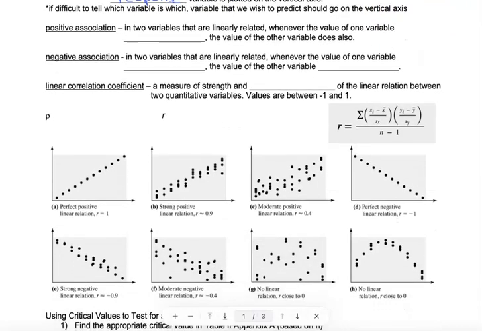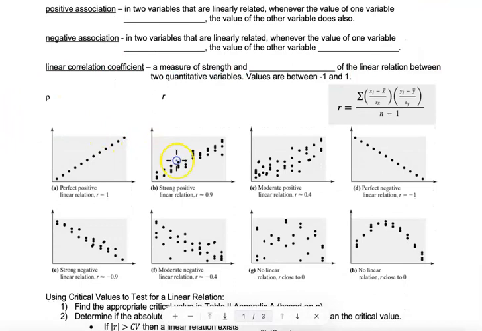So in Algebra 1, and really honestly before that, you have talked about correlation and association. A positive association is when you have two variables that are linearly related. This only works if their relationship resembles a line. It's a positive association if the value of one variable increases when the other one does also, meaning as one goes up, so does the other one.